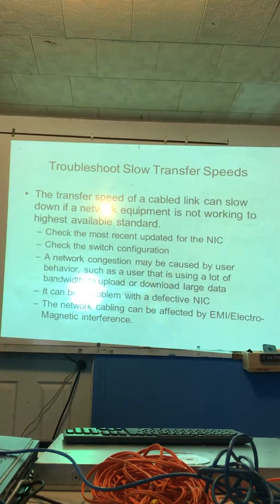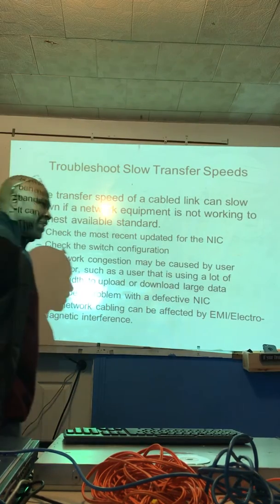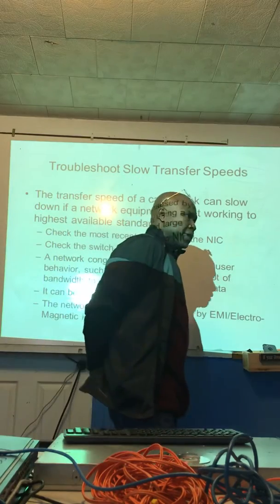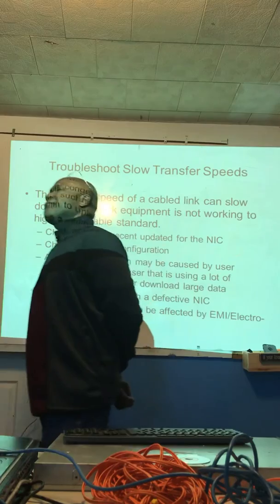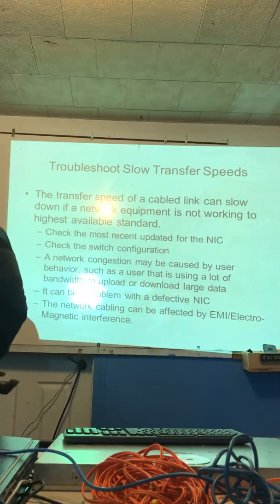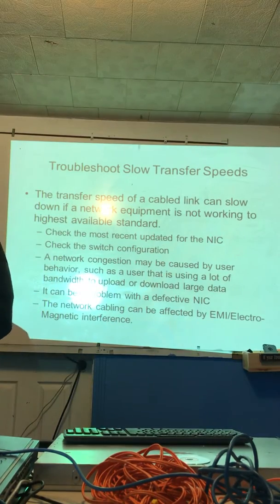So I was talking about wired network troubleshooting. And what I said, you have to check the physical layer of the network to find out where there is no connectivity.